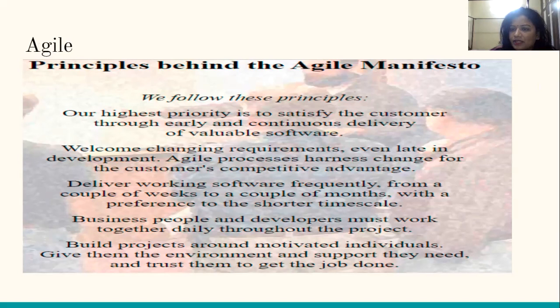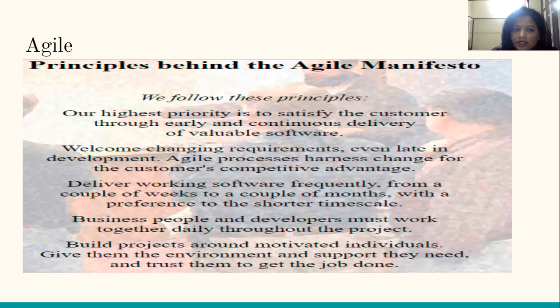If a software company follows these principles or values, then it is said that the company follows agile principles. So this is a philosophy consisting of 12 principles and 4 values.